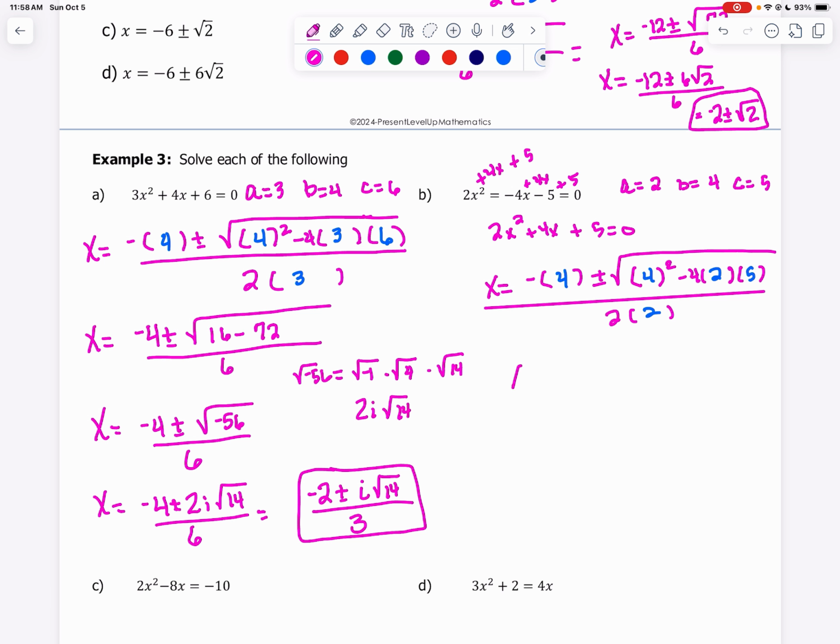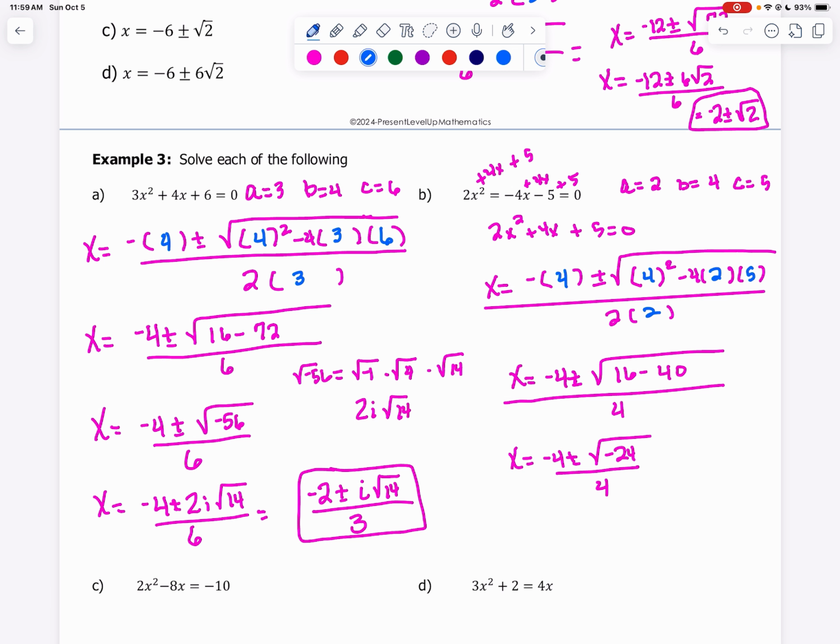All right, so we'll simplify that a little further. The opposite of positive 4 is negative 4 plus or minus the square root of 16 minus 4 times 2 is 8. 8 times 5 is 40. And 2 times 2 is 4. All right, so this would be x equals negative 4 plus or minus square root negative 24 over 4.